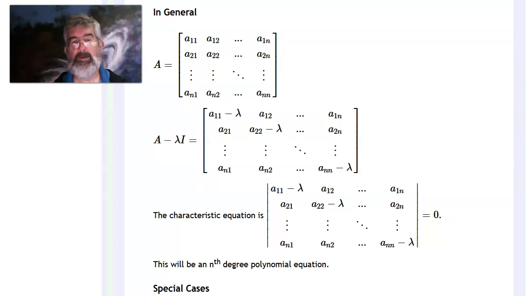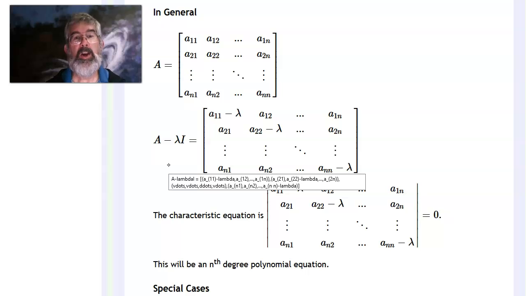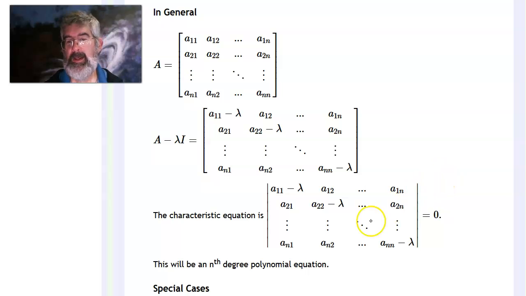And then, of course, the characteristic equation would be the determinant of this thing is equal to 0. Because what I want is for this matrix, A minus lambda I, to be not invertible, so we want its determinant to be 0. Okay. This will always turn out to be an nth degree polynomial equation.